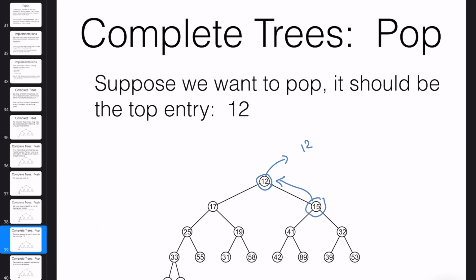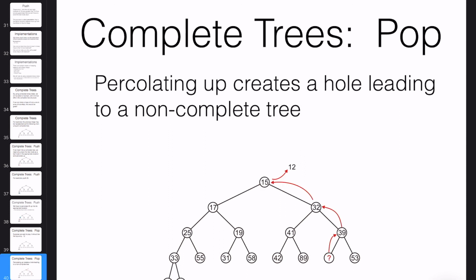So if I apply pop the way that we discussed it, at the end, I will have a hole in the tree. You don't know where the final leaf node that you will remove is going to be. Here, after removing the 12, if I apply the previous procedure, the leaf node that will be removed is this one. And you can see that if I remove this node, the tree is not a complete binary tree anymore. So what can I do in this case?